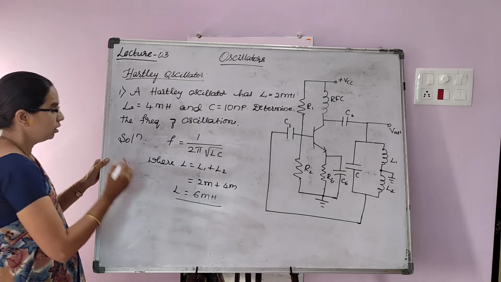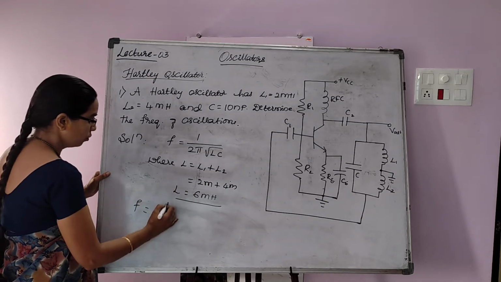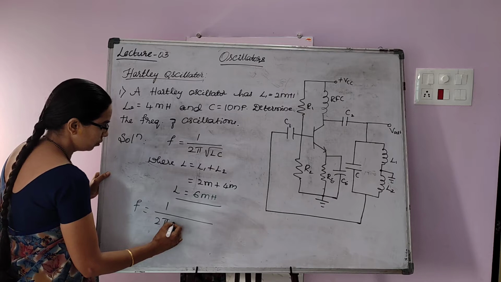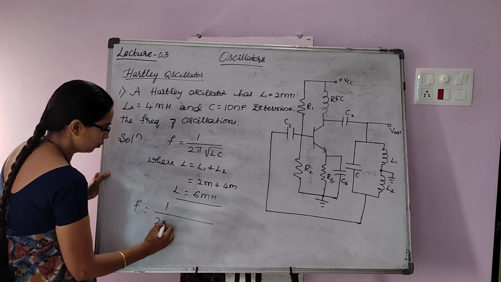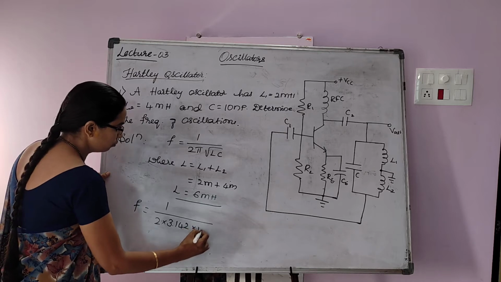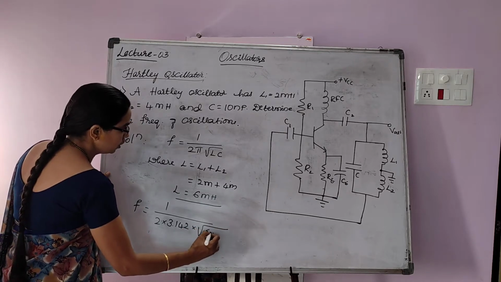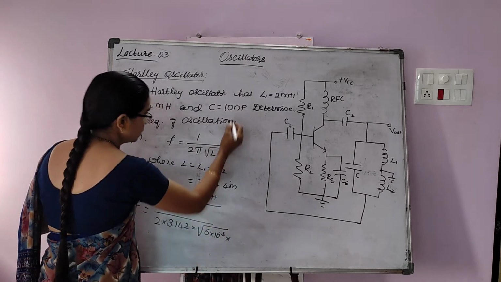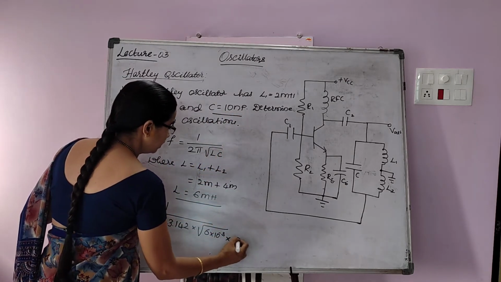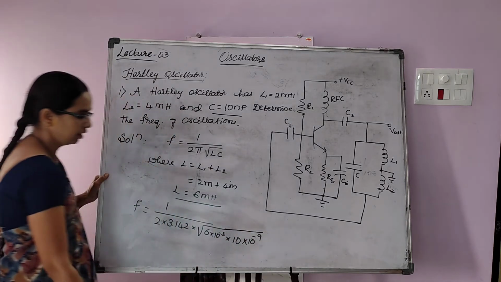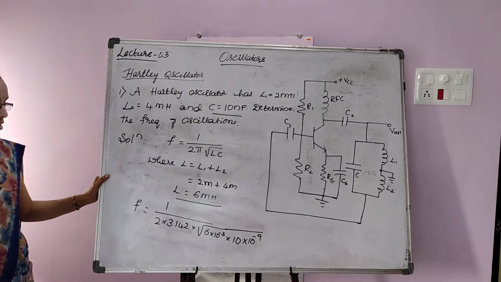So F we have to find out: 1 by 2 into 3.142, I'll write the pi value, into root of 6 into 10 to the power of minus 3 for L. C is given as 10 nano, and nano is 10 to the power of minus 9, so C is 10 into 10 to the power of minus 9.